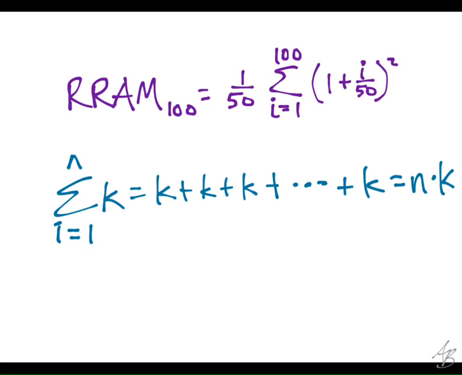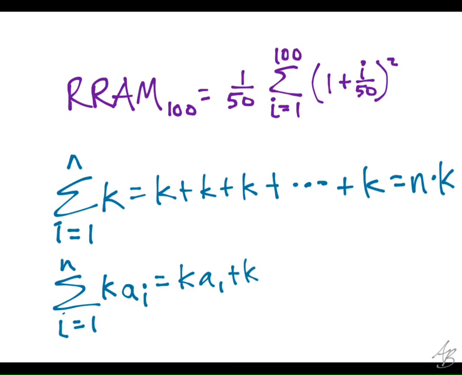That one's pretty simple. Another formula that's going to be useful for us is if we are adding some constant times a series together. So what that means is we have this sequence of numbers, a sub i, that we don't necessarily know what the terms are, but it's going to be k times a sub 1 plus k times a sub 2 plus k times a sub 3 and so on till we get to k times a sub n.